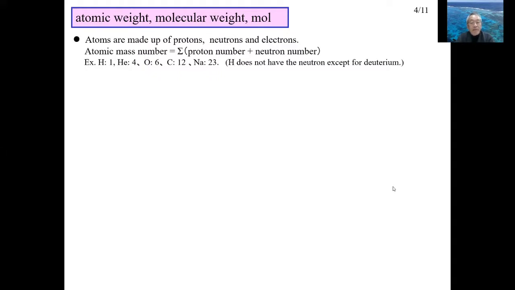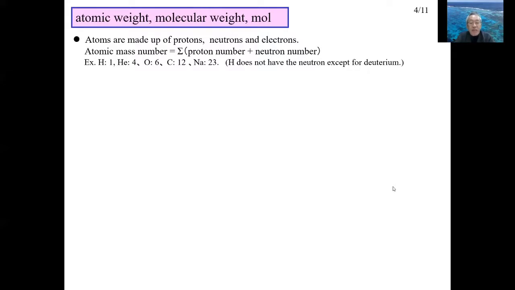Atoms are made up of protons, neutrons, and electrons. Atoms are assigned a number called the mass number. The mass number is the sum of the numbers of protons and neutrons. The mass of an electron is so small that it is not included in the mass number.